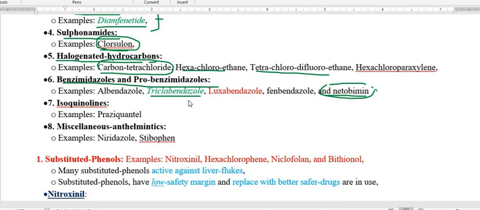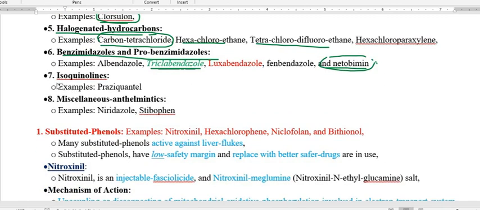And another interesting point is that triclabendazole is an exception in that it acts only against the fluke, not against the nematodes. So these are two very important points concerning triclabendazole.